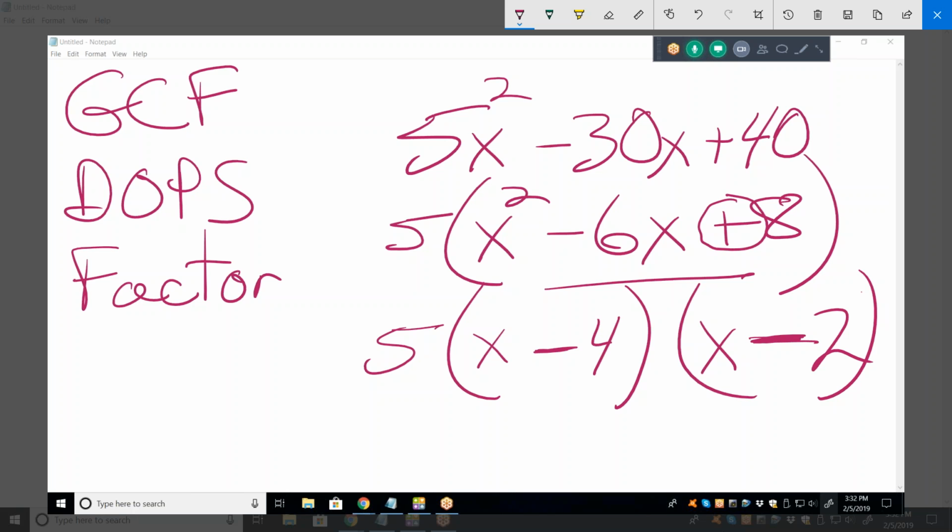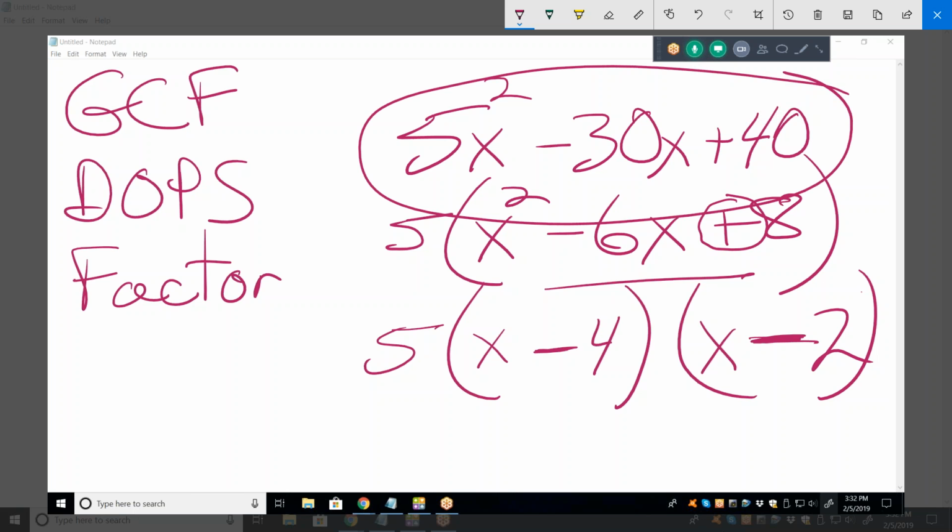In this case, this is only 3 steps because I don't have to decide where the 4 goes and where the 2 goes. If it's a plus minus, then there's a 4th step where you have to put one number with one sign and the other number with the other sign. So this looked like a hard quadratic, but once we took out a greatest common factor, then it turns into an easy quadratic.